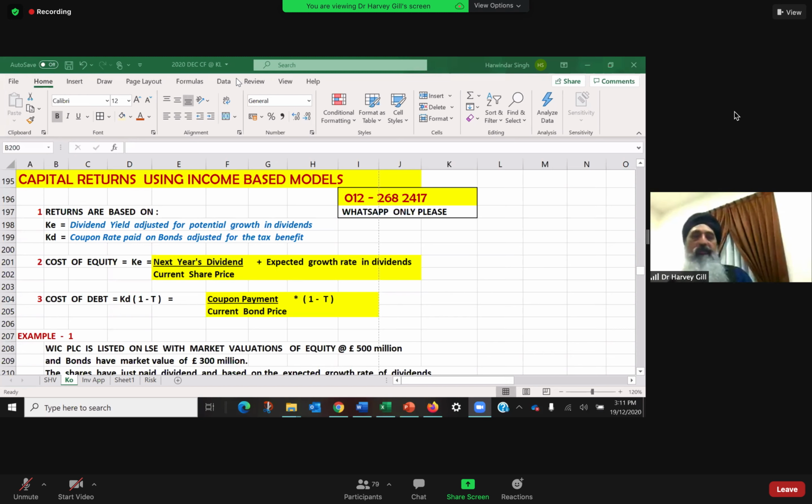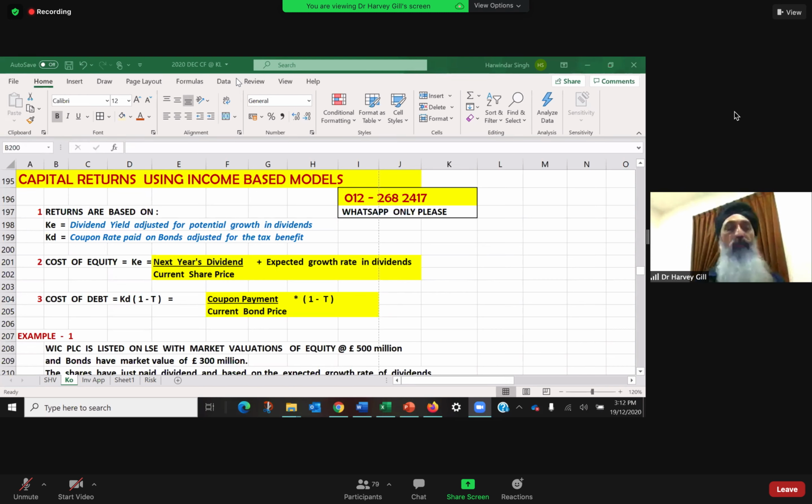Okay, then let's continue our discussion. We talked about calculating the cost of equity or returns on equity using the capital asset pricing model. So, the higher the beta value, the higher you would expect the cost of equity to be.